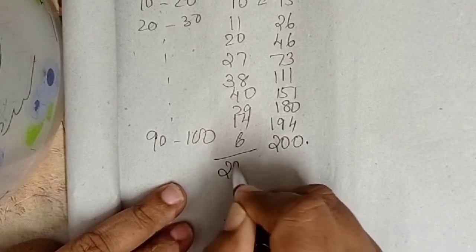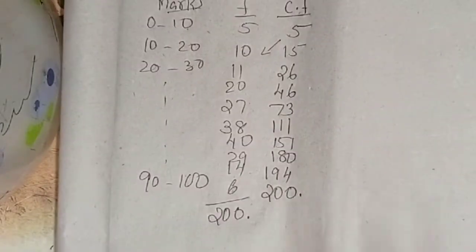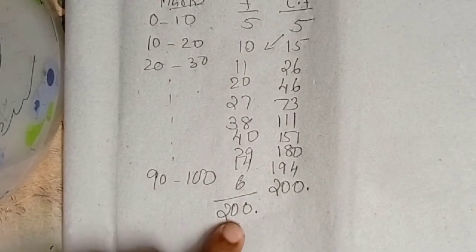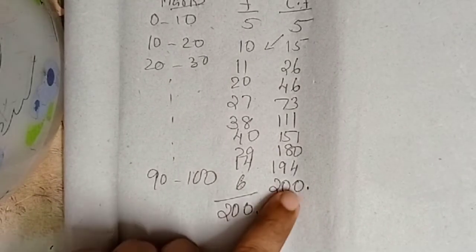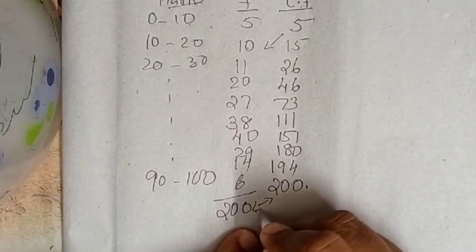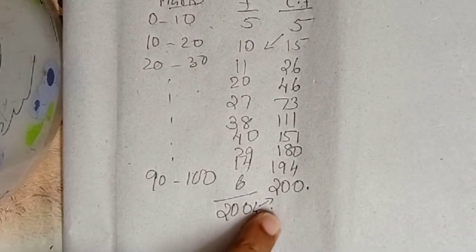Here the total frequency is 200, given in the question itself. Therefore the total frequency is 200 and the last CF is also 200. If these two tally, then only it is correct.